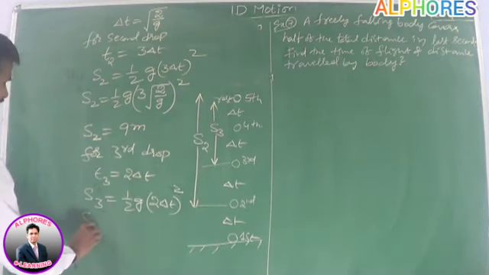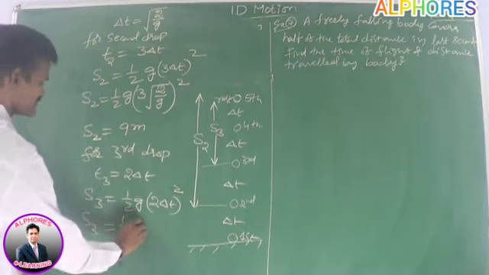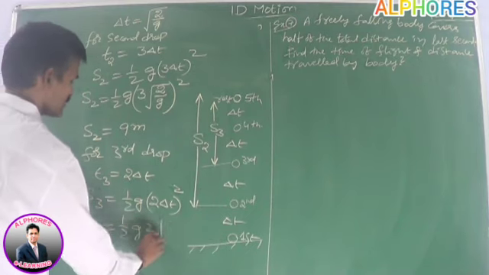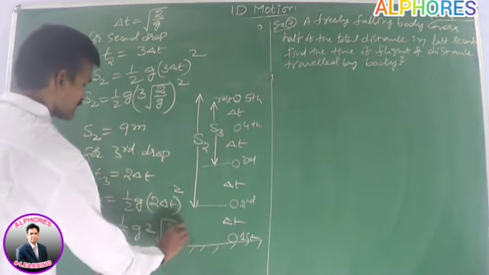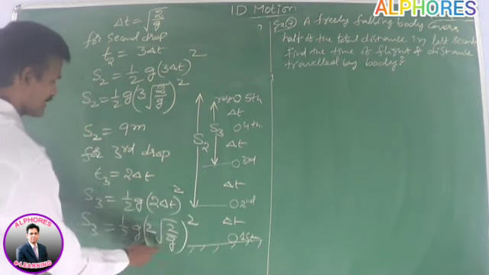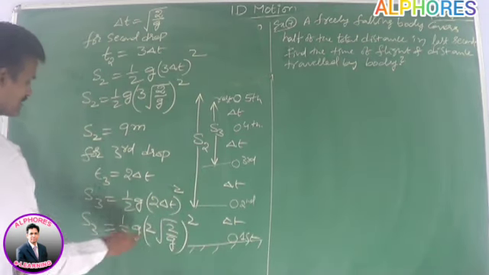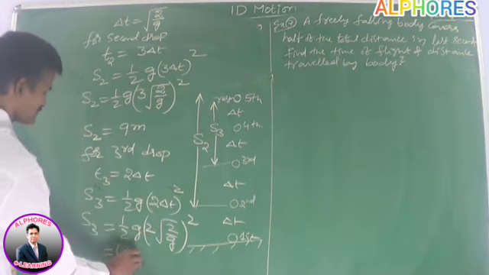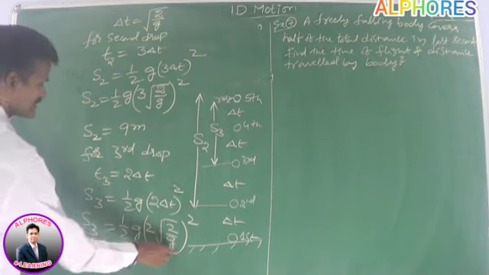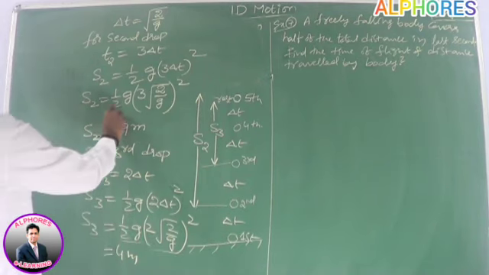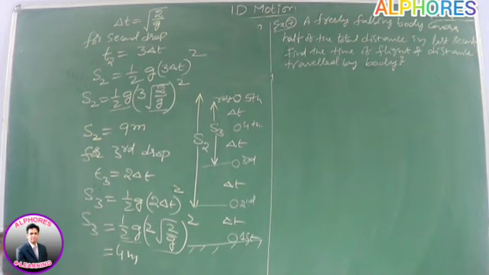So this S3 is half g into 2 into under root 2h by g whole square. Again, this 2h by g gets cancelled. You will get 4 meters. This half g and root 2h by g term gets cancelled. So S3 is 4 meters.